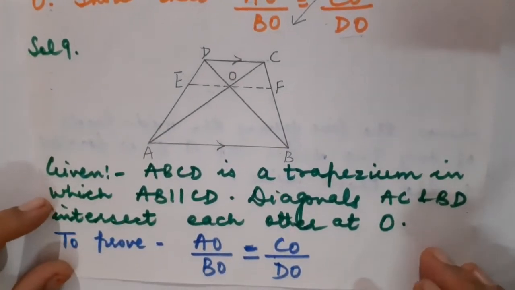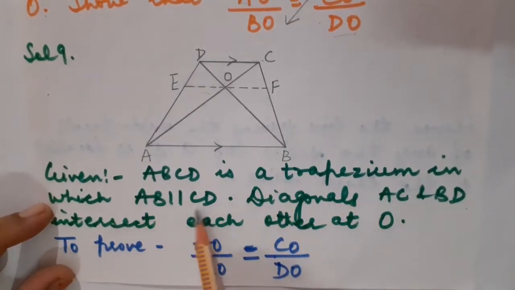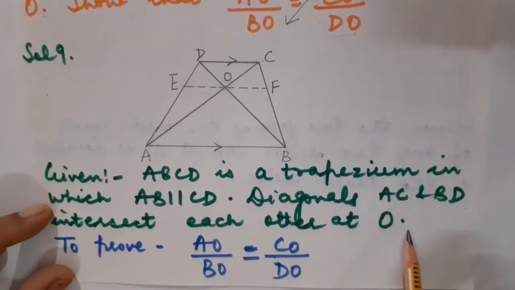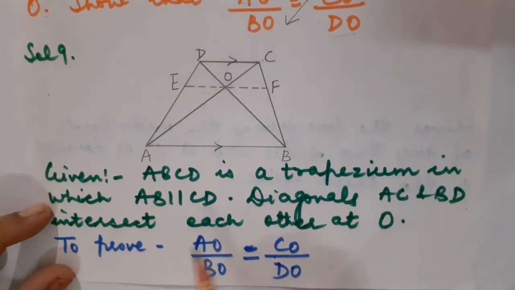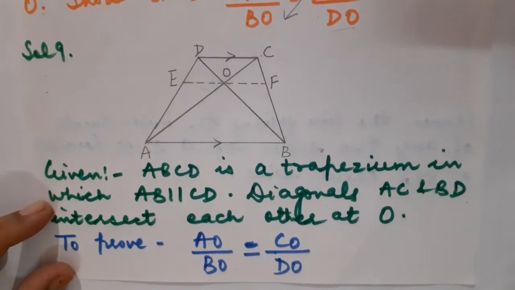So let us start. Given ABCD is a trapezium in which AB is parallel to CD and diagonals AC and BD intersect each other at O. We have to prove that AO upon BO is equal to CO upon DO.